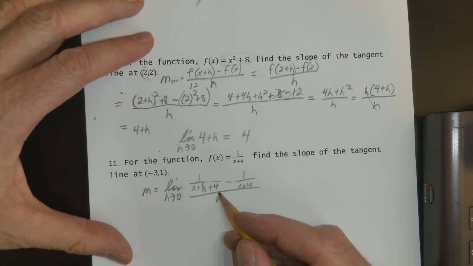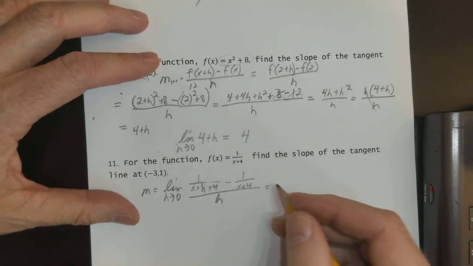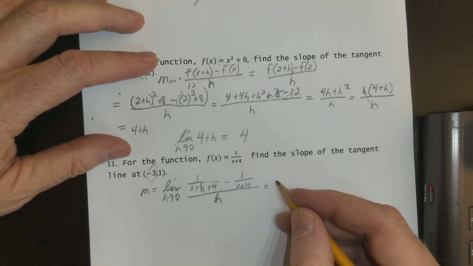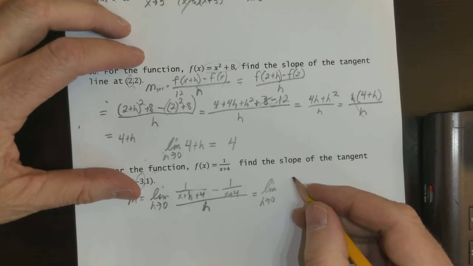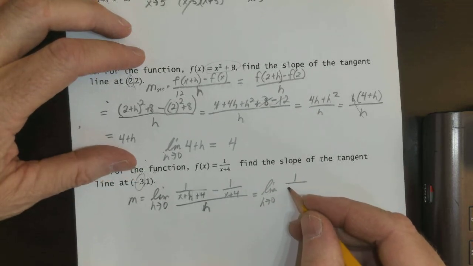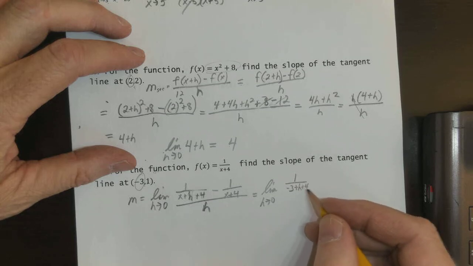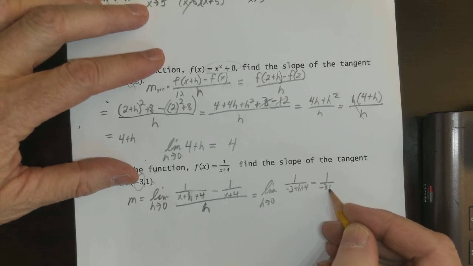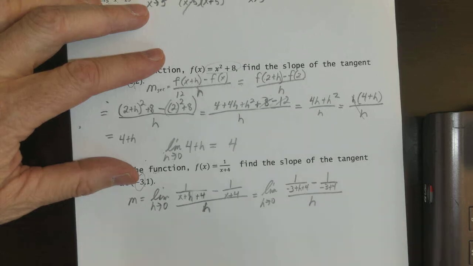So direct substitution won't work right now. Let's put the negative 3 in for the x. So that's the limit as h approaches 0, 1 over negative 3 plus h plus 4 minus 1 over negative 3 plus 4, over h.